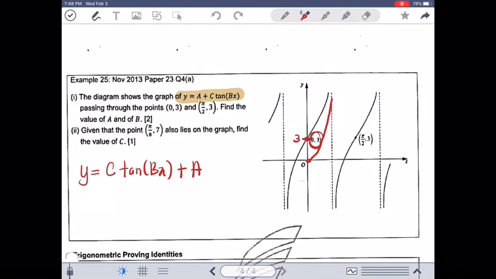Because from this coordinate we know that the value of y there is 3, which means we have a shift of 3, from 0 to 3.